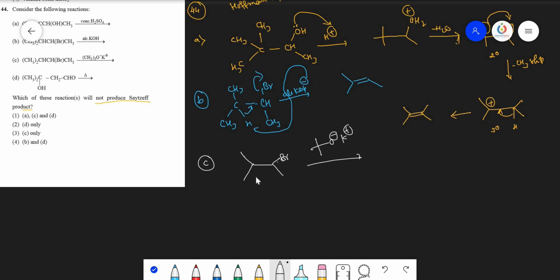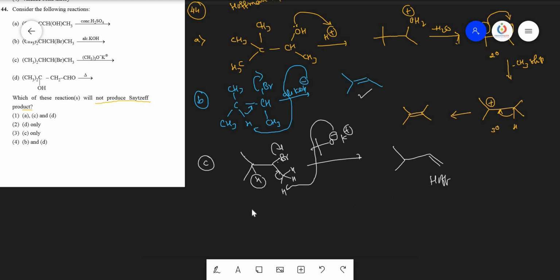But larger reagents cannot dare to remove this particular hydrogen as it is completely covered by the methyl groups. So the tertiary butoxide tries to abstract the hydrogen from this particular carbon. Any of these hydrogens can be removed. So it attacks this hydrogen, and finally elimination takes place and we get this. This is not the most substituted alkene, this is the least substituted alkene. So it is the Hofmann product.